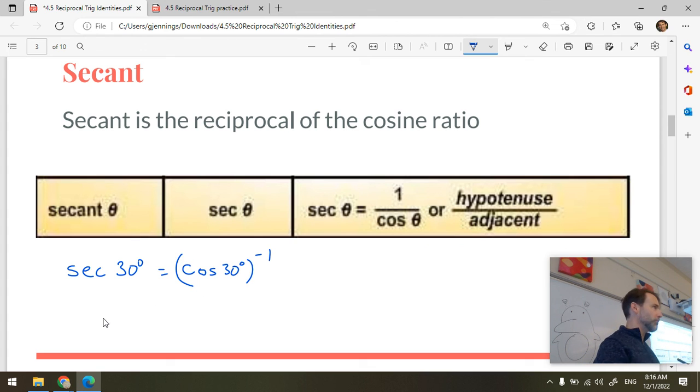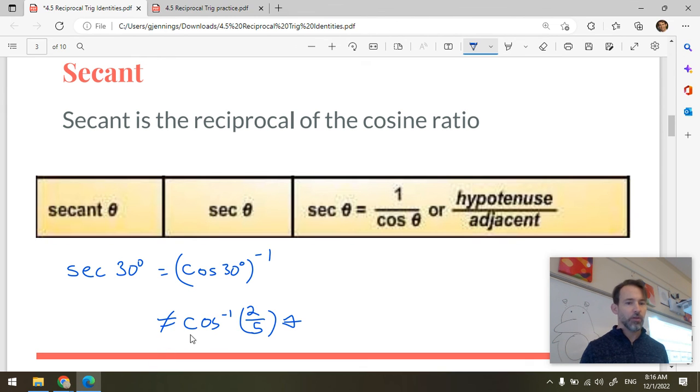Note that's not inverse cosine. That's not the way you write inverse cosine. That's I take the value of cosine 30 and raise it to the power -1. Inverse cosine would look like this: cos inverse of, let's say, 2 over 5. That's how I would write cosine inverse.